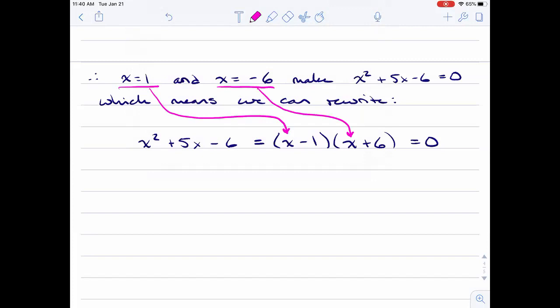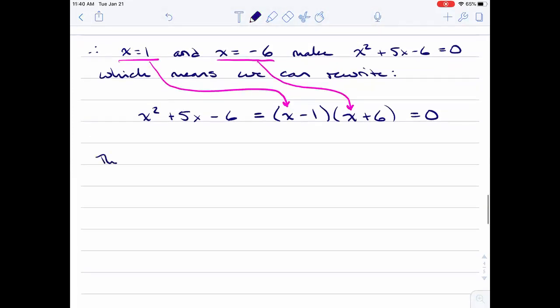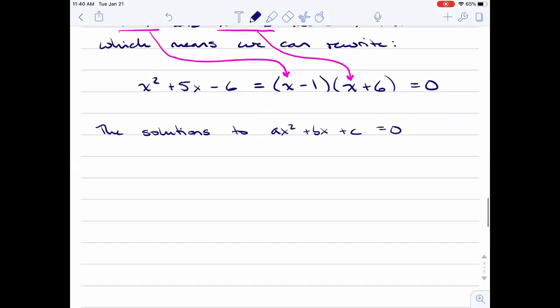Even if later when we get kind of fractional roots, just as a note, the solutions to ax squared plus bx plus c equals 0 are called roots, or zeros.